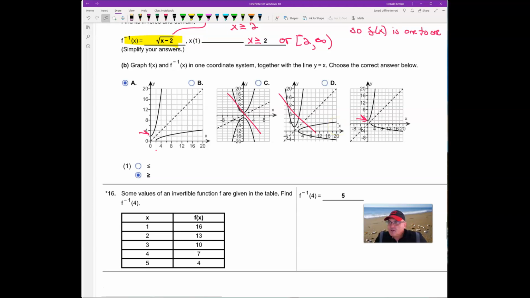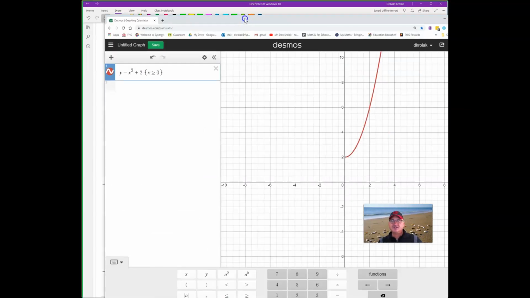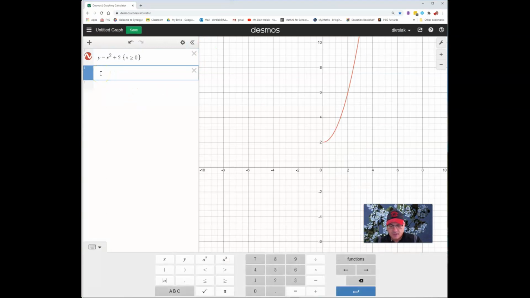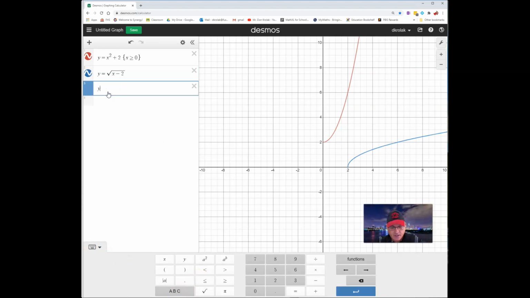So we know it's going to be A because D is not symmetric. And if we just wanted to graph it on Desmos and see what it looks like, y equals square root of x minus 2, and there it is. Here's the line y equals x, and you can determine the solution that way too.